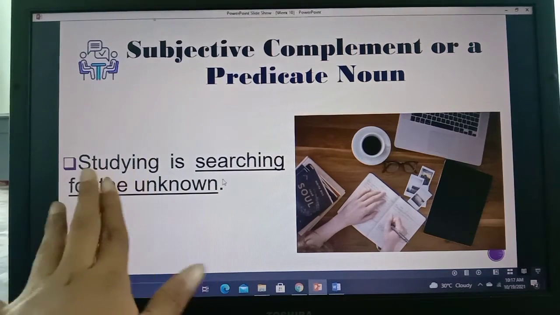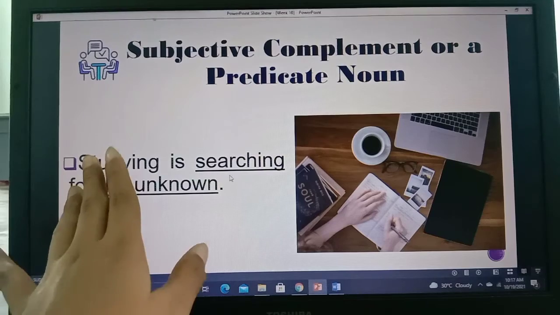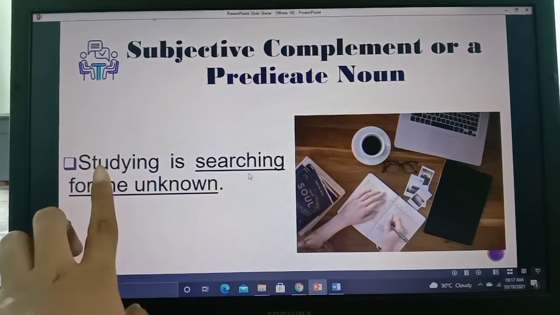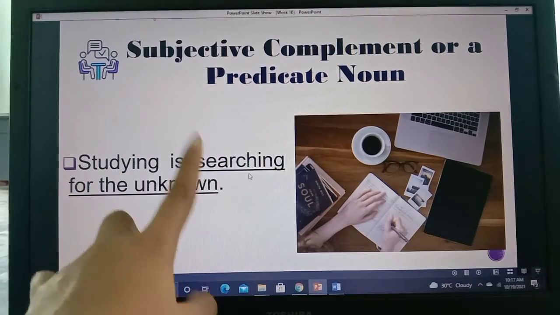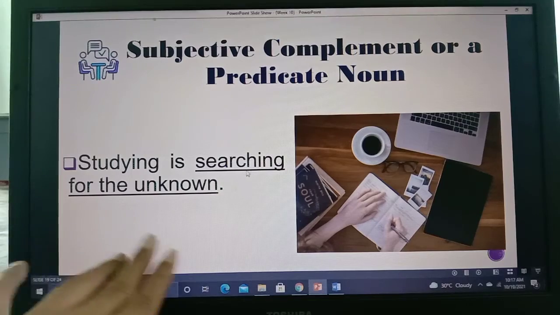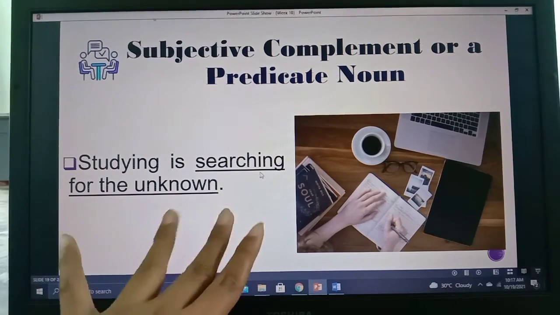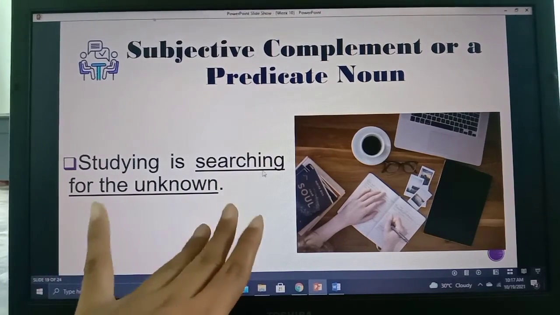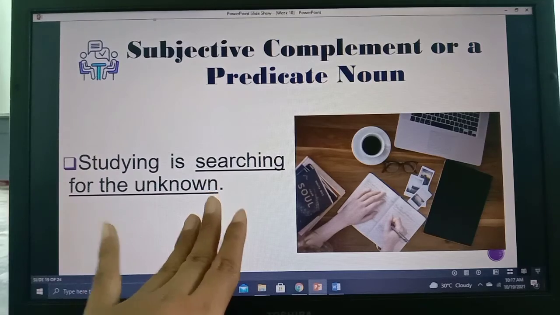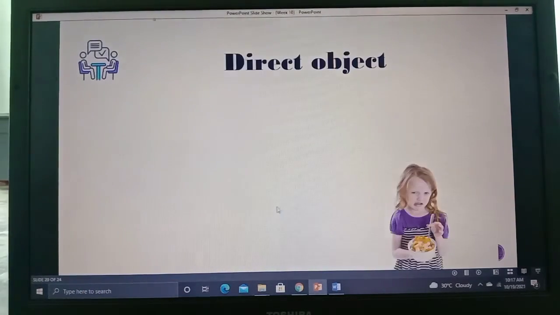Kasi itong studying na to, nagsilbi naman siyang subject dito sa sentence. Tapos, ang subject complement niya or predicate niya is itong searching for the unknown. So, ito naman yung function dito ng gerund, yung searching for the unknown as a subject complement siya or a predicate noun.